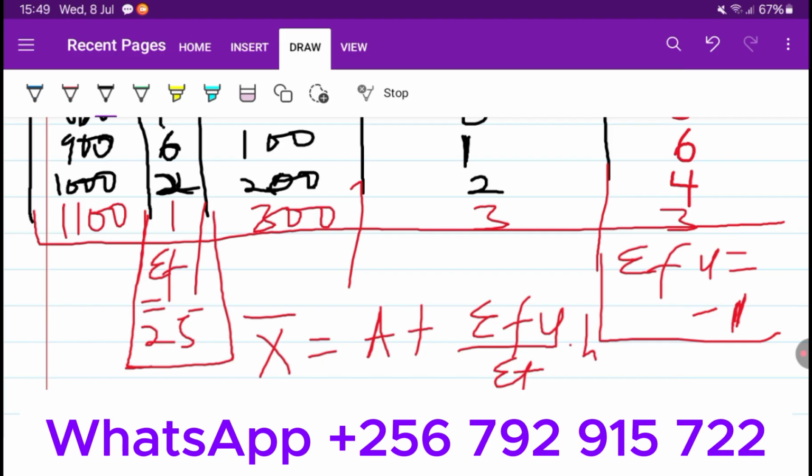So we can see that this is going to be equivalent to 800 plus summation fu, which is negative 1, divided by 25 times 100. The 100 is the h that we chose.